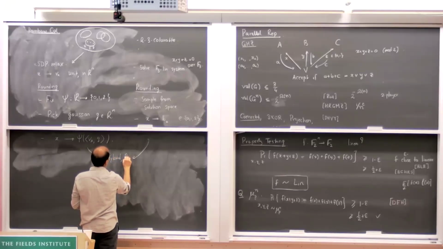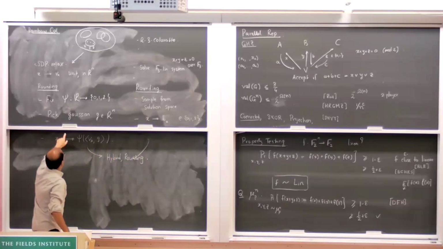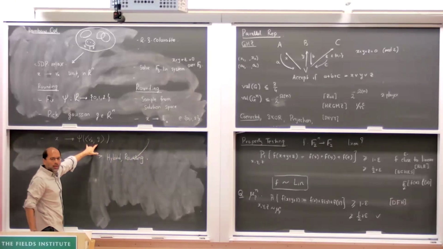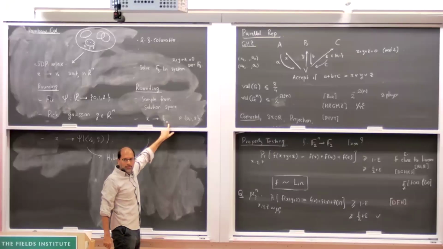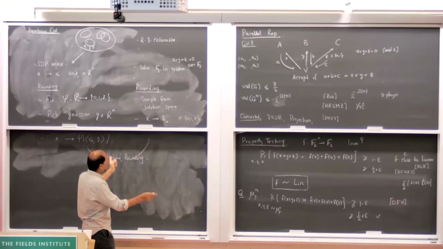A hybrid algorithm and a hybrid rounding, where you would get a sample of the one-dimensional projection. You also get a sample of this, and then you could color based on the two.